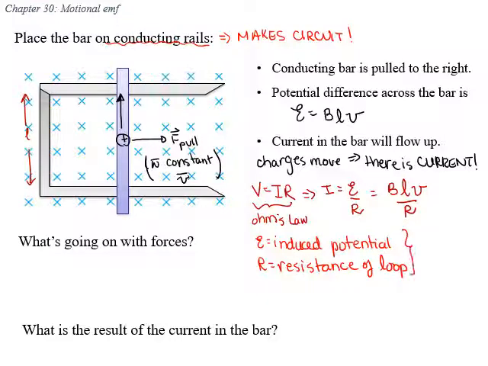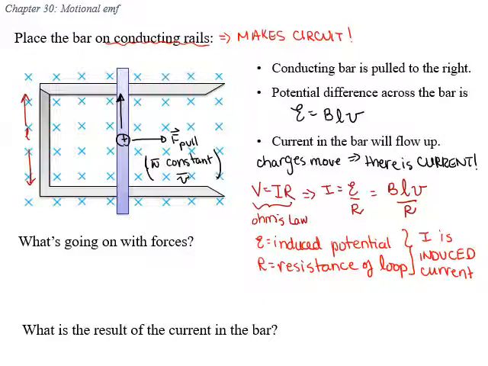So if we have an induced potential and the current is flowing because we're moving the bar, that means I is an induced current. The only reason we have a current in that loop is because we pulled the bar to the right. Okay, so that talks about the current.